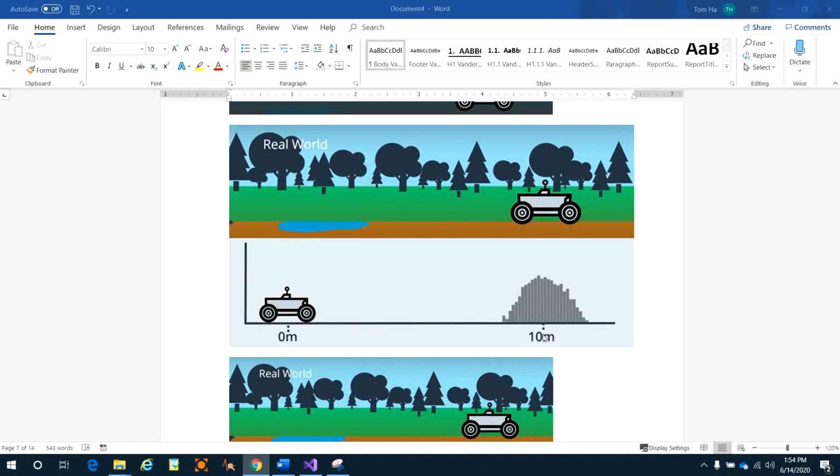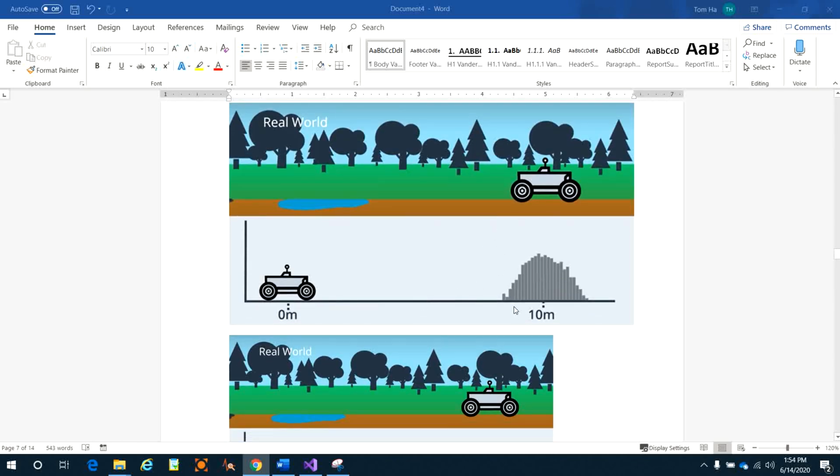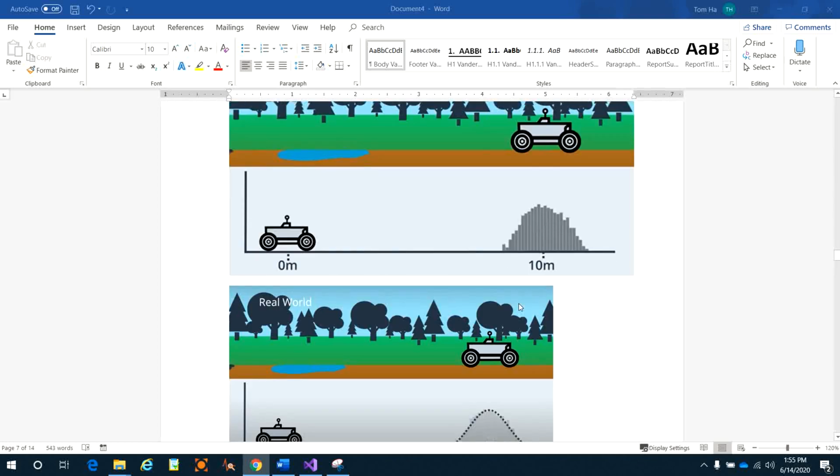It is represented by mu, the mean value, and the covariance value. The covariance is how uncertain it is. The x value right here is the meter position, right? And the y value means how often the robot stops at this position.